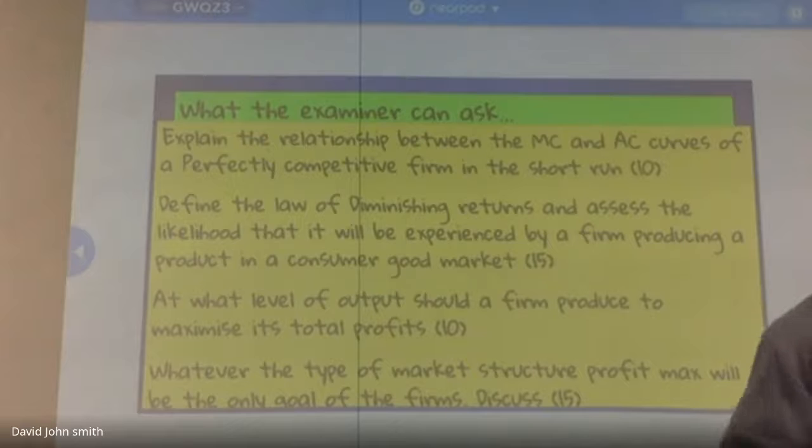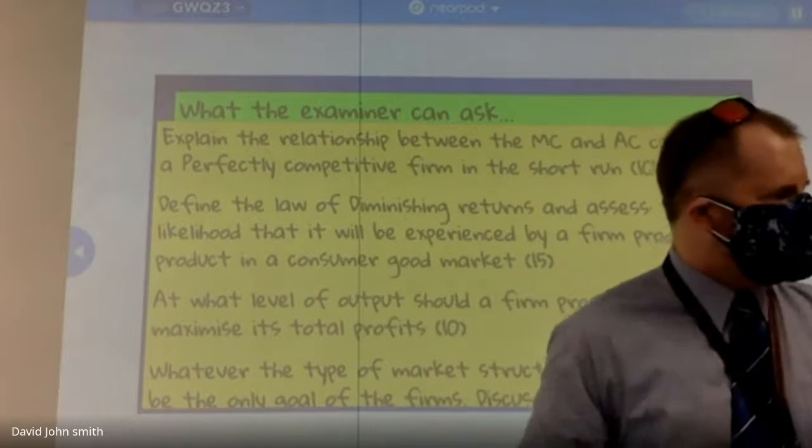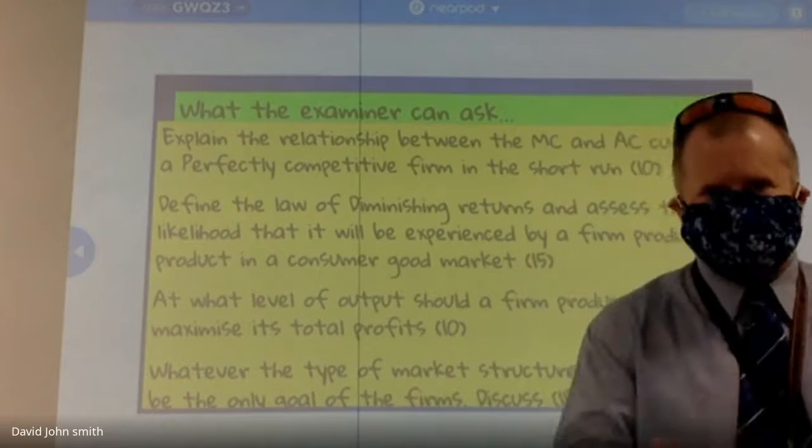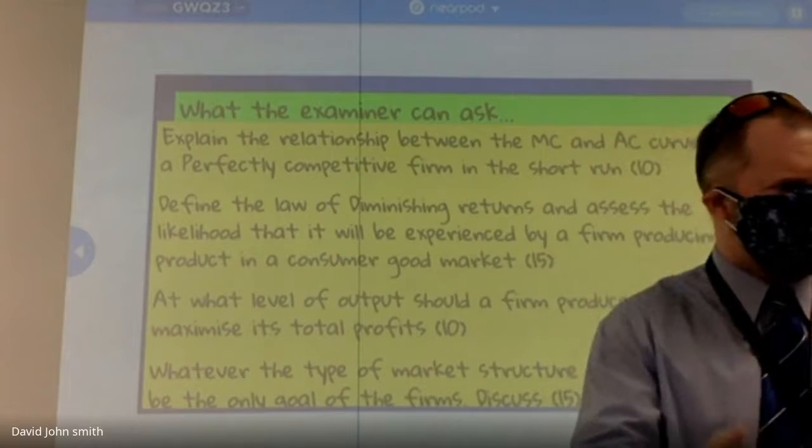The big takeaway from that is the idea of the marginal cost curve intersecting the average cost curve at the lowest point, at the minimum. And why does it do that? What is happening? And you did an exercise for me a while back where you wrote about that very thing. Some of you did it really well.